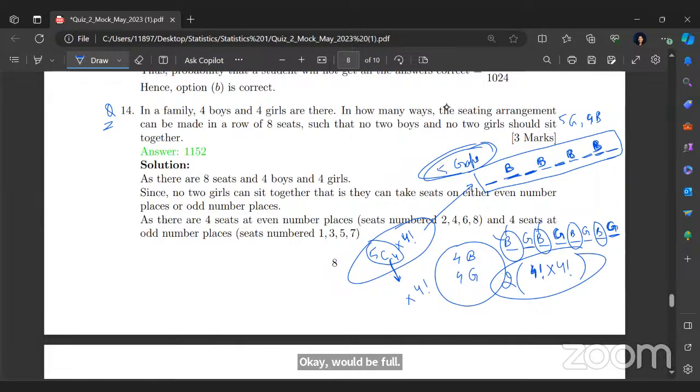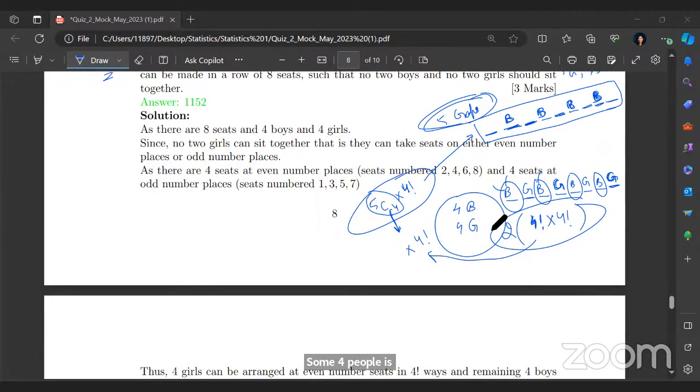But how is it coming as this? It is not coming as this, no? Ma'am, 4P4 is choosing 4 things out of 4. That is 1, no? Yes, that's what I'm saying.